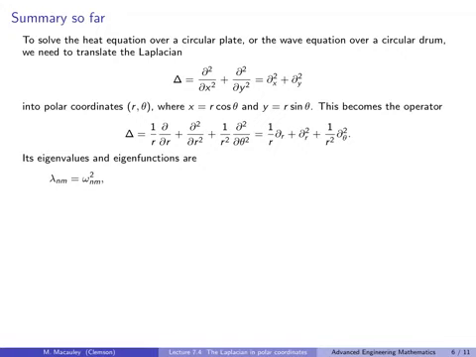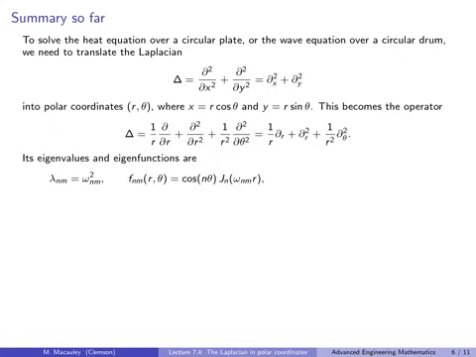And we saw that the following is an eigenfunction: a_n cosine of n theta plus b_n sine of n theta, times J_n of omega_nm r. So if this is an eigenfunction, we can break these into 2 different eigenfunctions. One of them is cosine times this Bessel function, and the other one is sine times the Bessel function.